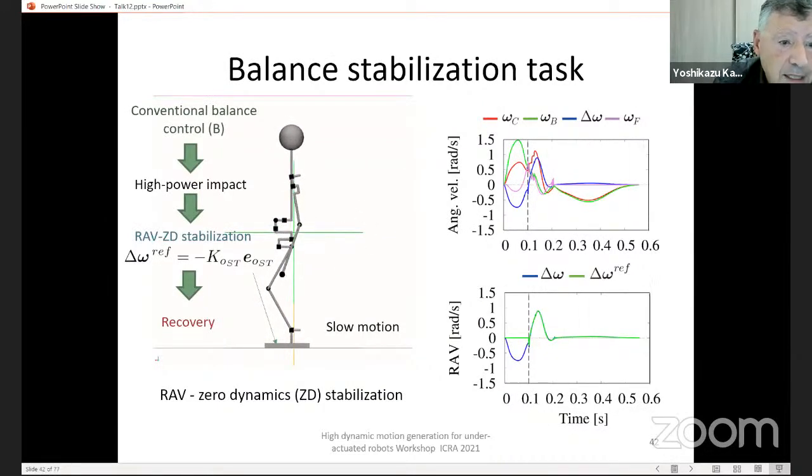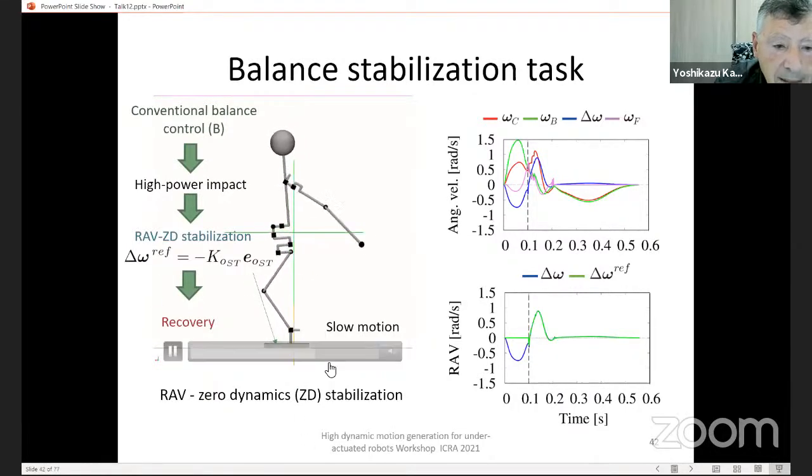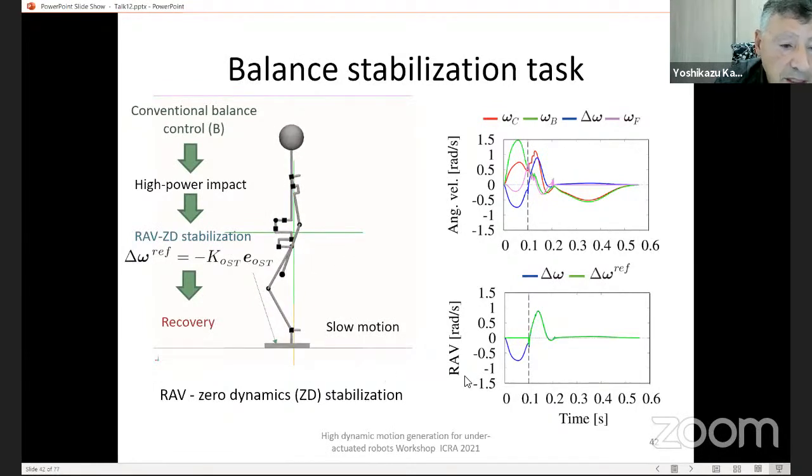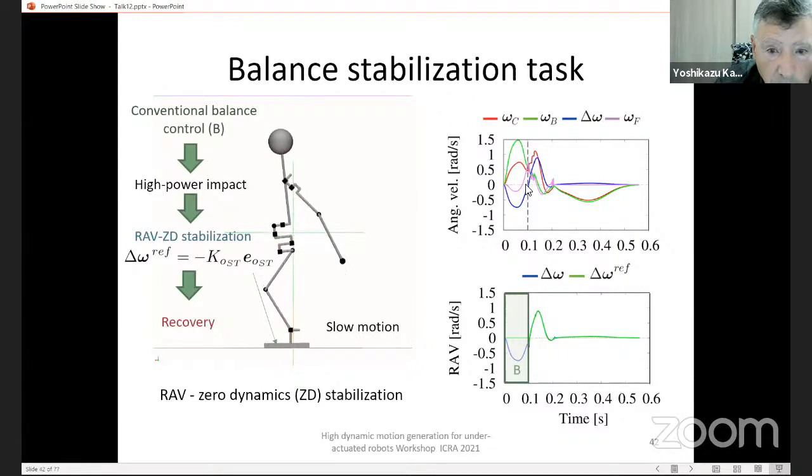So if you see here, this is a feedback. We use a feedback from the sensor for the angular deviation of the foot. You get an impact, a very strong impact. So the robot is first in conventional balance control. And after the impact, if conventional balance control continues, you can see here the omega F is the indicator for destabilization.